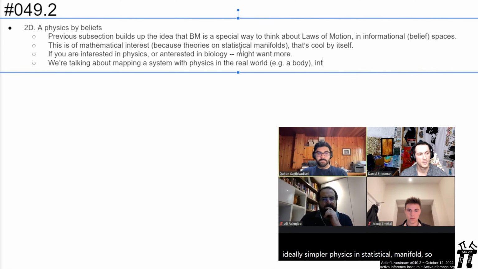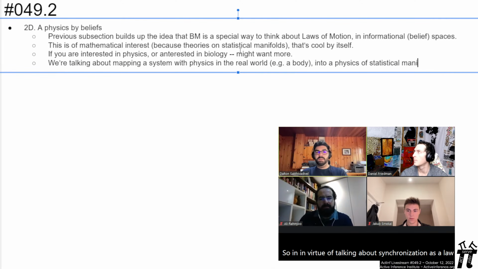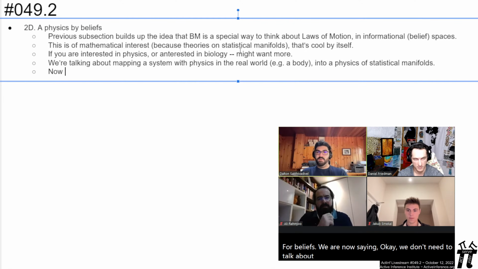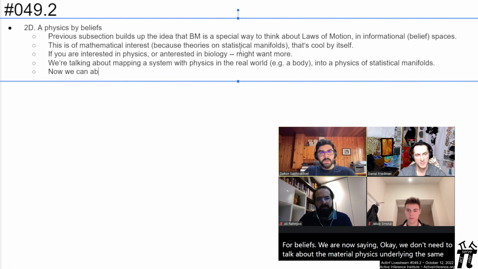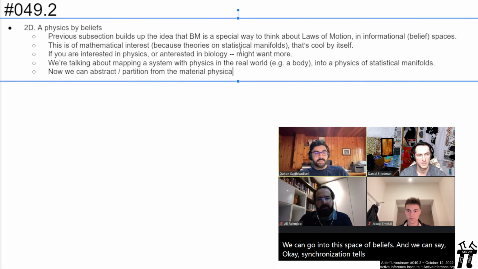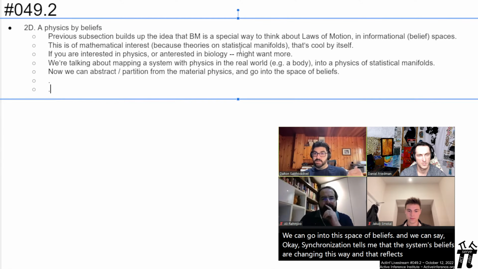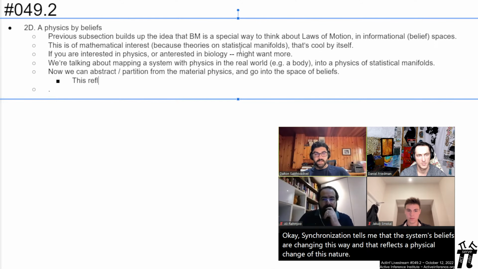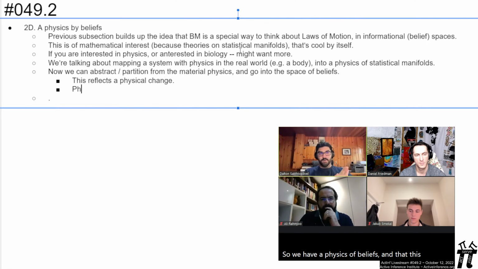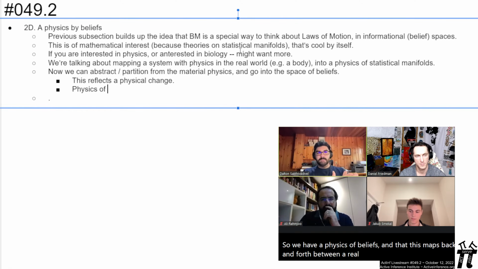So in virtue of talking about synchronization as a law of motion for beliefs, we are now saying, okay, we don't need to talk about the material physics underlying this synchronization. We can go into this space of beliefs and say, okay, synchronization tells me that the system's beliefs are changing this way, and that reflects a physical change of this nature. So it's an equivalent way of talking about real physics. So we have a physics of beliefs, and this maps back and forth between a real physics.